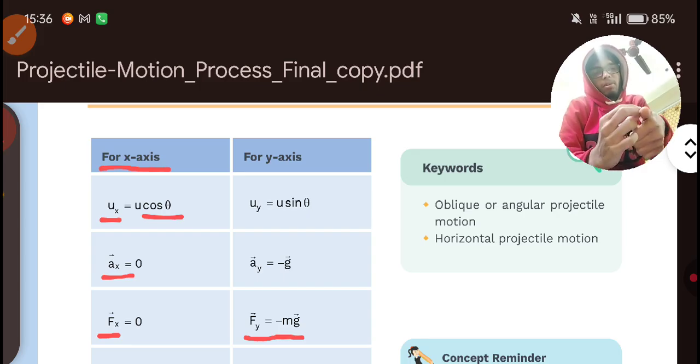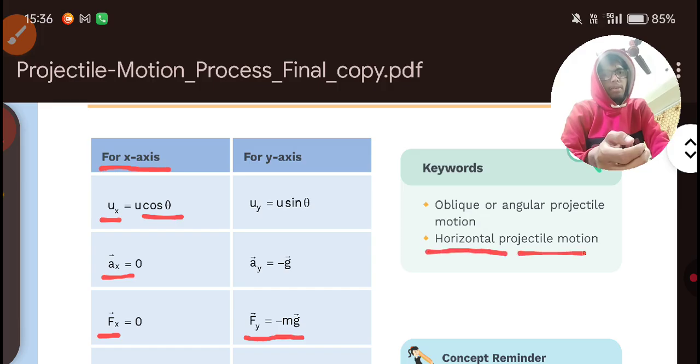We just replaced the letter a by a constant, since a is a constant. Keywords are oblique or angular projectile motion, and horizontal projectile motion.